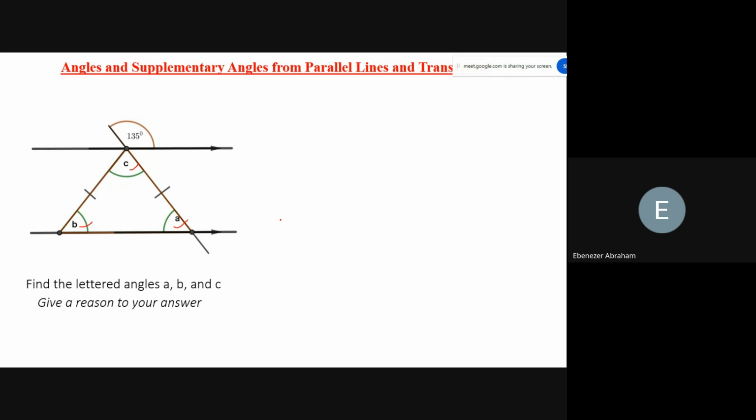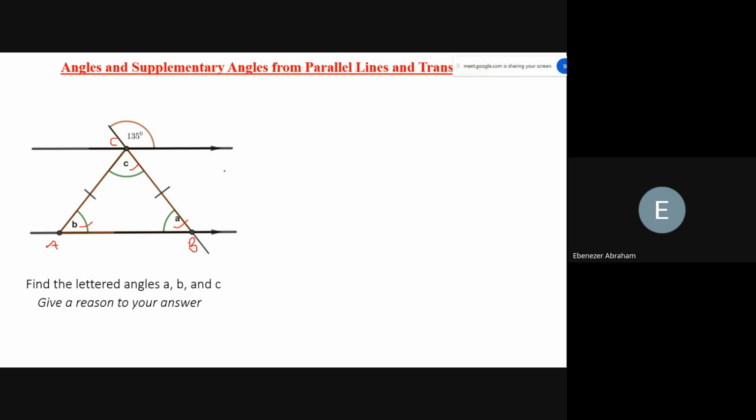So look at the diagram. If I were to label the points A, B, and then C on top here, you would agree with me that ABC is a type of triangle we call an isosceles triangle, because there's this line and then this line, which is an indication that AC is equal to BC.